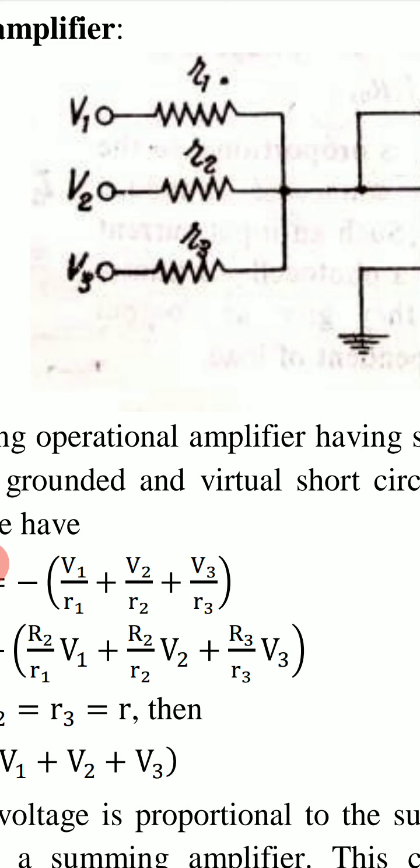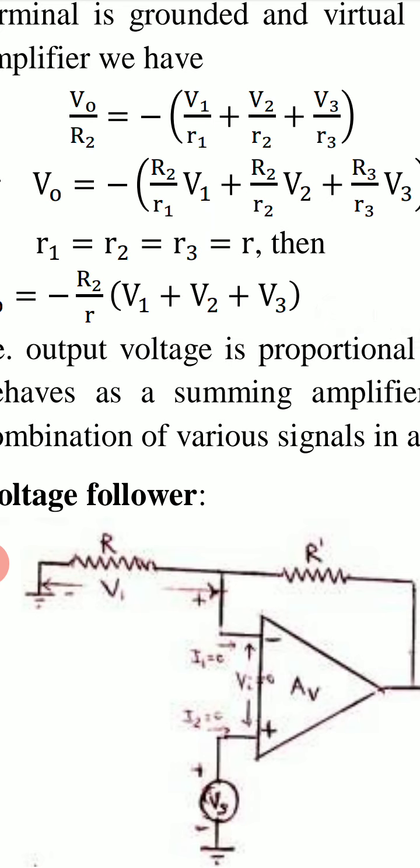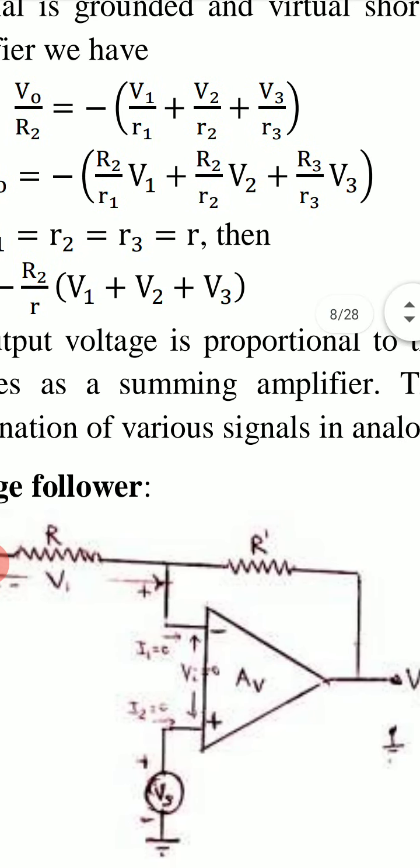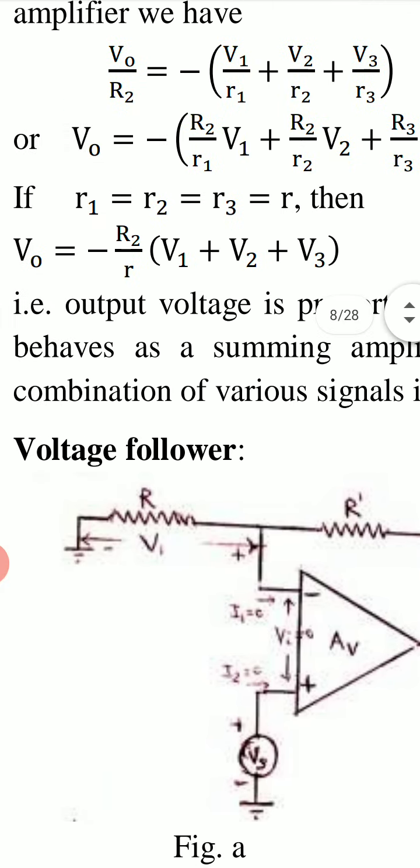So we can write VO as equal to minus bracket capital R2 upon small r1 into V1, plus capital R2 upon small r2 into V2, plus capital R3 upon small r3 into V3.